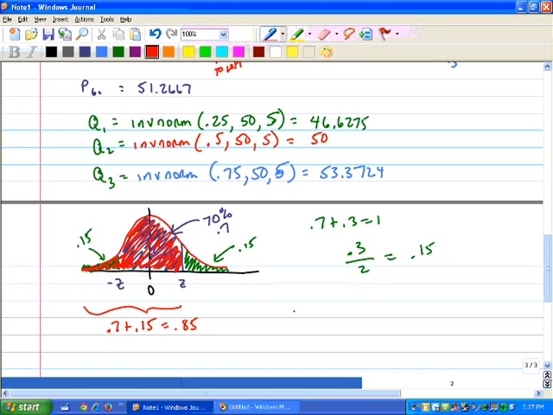So to find z, we're going to do second vars, inverse norm. Because this is a standard normal curve and we're looking for a z value, all we have to put in is the area we're looking for to the left, inverse norm 0.85. And we get z equals 1.0364.